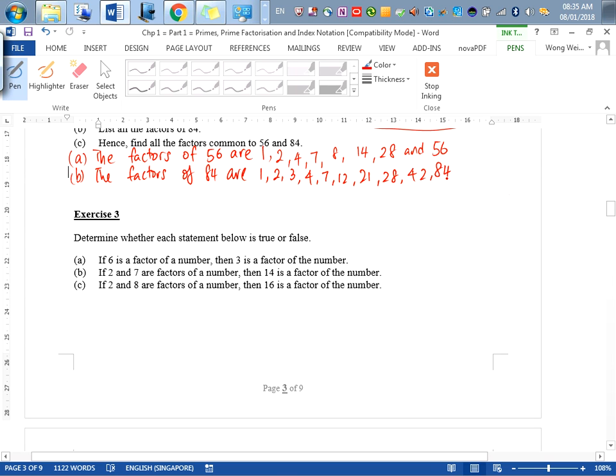These are the factors of 84. You can just copy this down. You can go back home and check your calculator, and check whether these are really the factors by dividing and checking that there are no remainders. Okay? So next part, find all the factors common to 56 and 84.